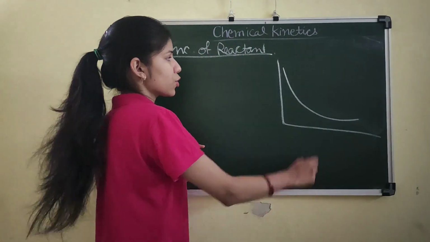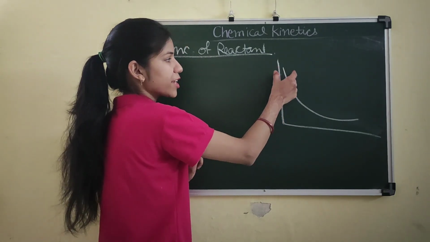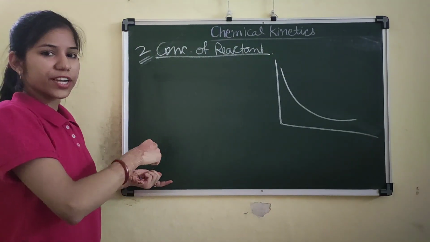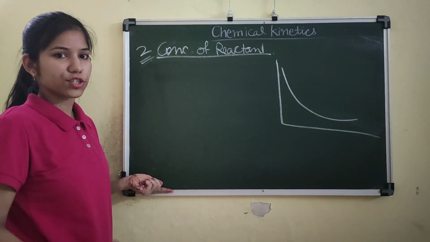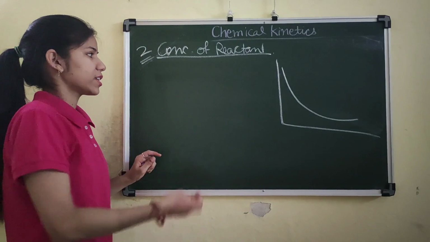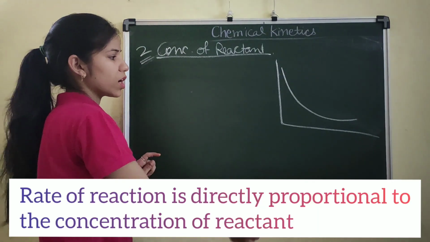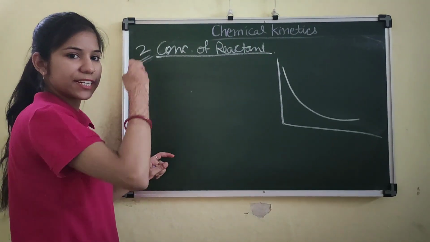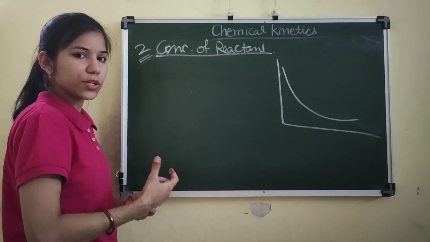This graph shows that when the maximum number of reactant is present the rate of reaction is maximum, and the rate of reaction decreases with the decrease in the concentration of reactant. So it may be seen that the rate of reaction is directly proportional to the concentration. If the concentration of the reactant decreases, the rate of reaction also decreases.